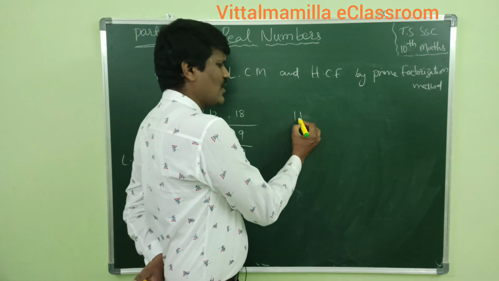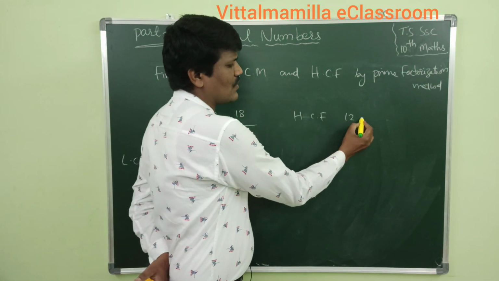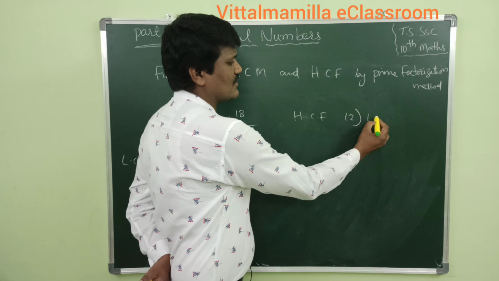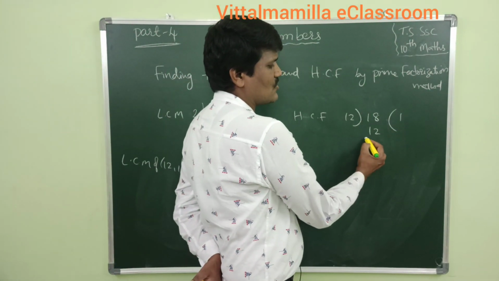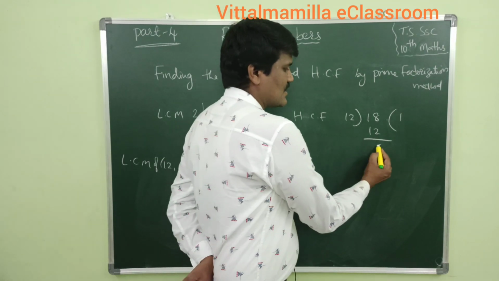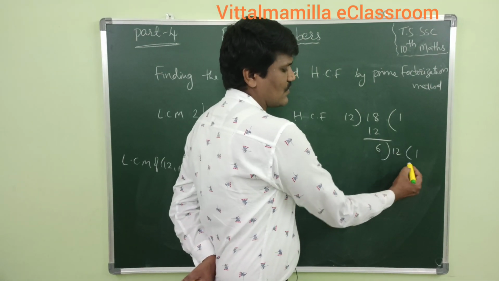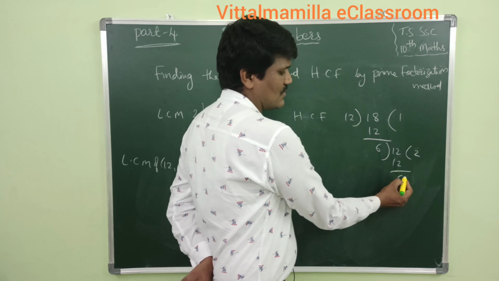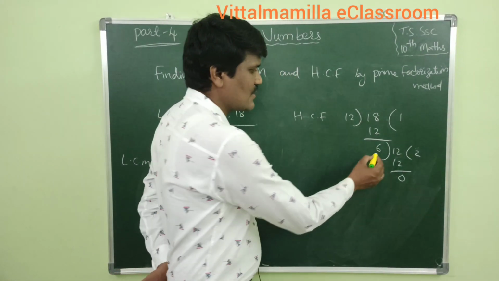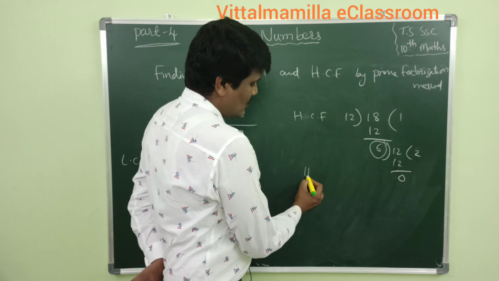And HCF, how will you do it? For 12 and 18, HCF will be like this: 12 ones are 12, 6 ones are 6, 6 twos are 12, so 6 is the HCF.